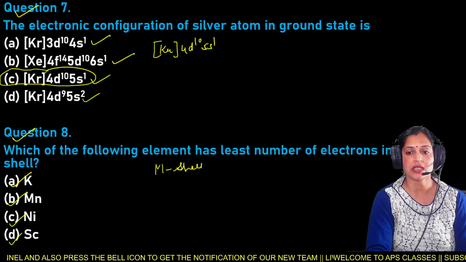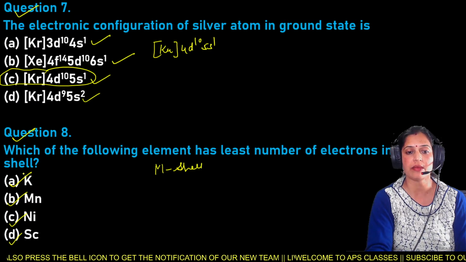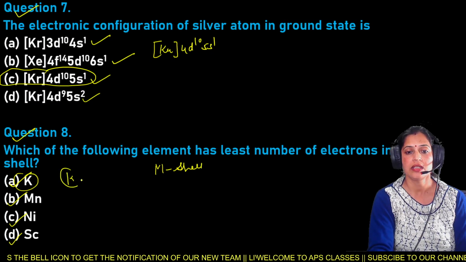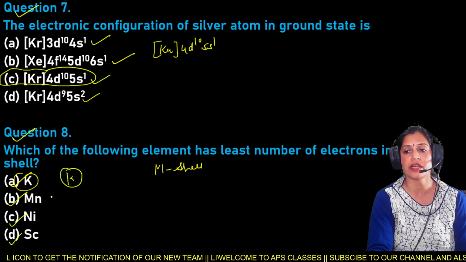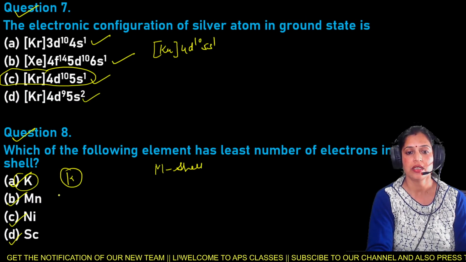Options are A, K, B, Mn, C, nickel, and D, scandium. That is potassium, manganese, nickel, and scandium. So the element that has the least number of electrons in its M shell is K.